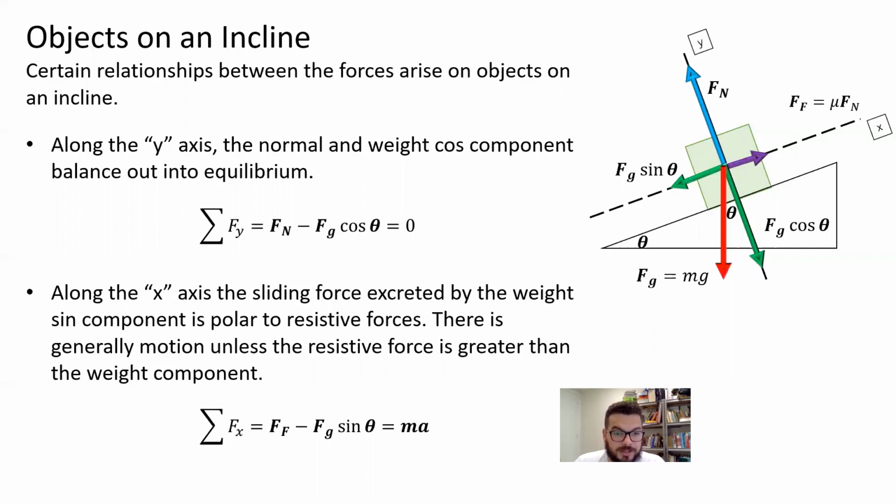But normally, whatever the frictional force minus the sliding force, the sine component of the weight vector, usually results in some kind of motion happening down the ramp.